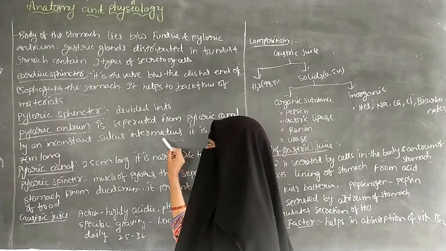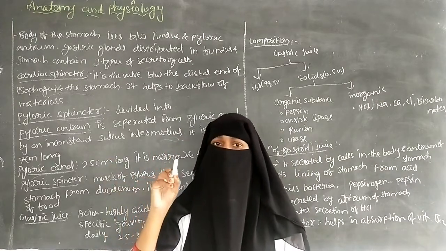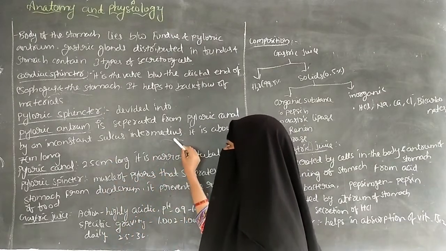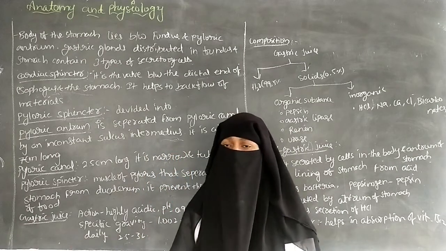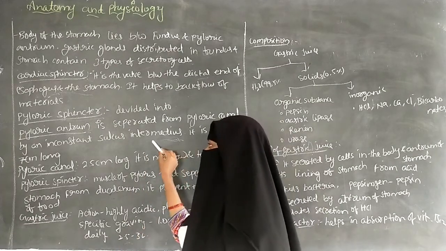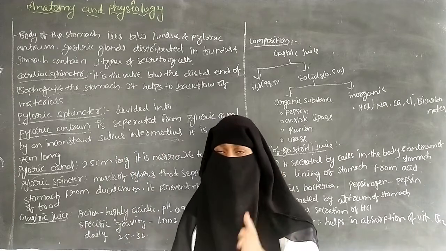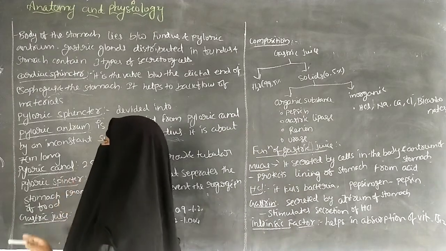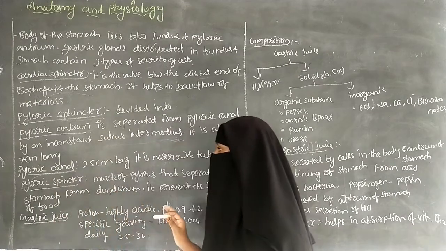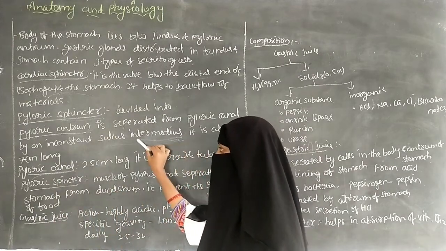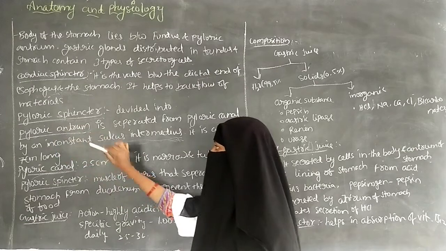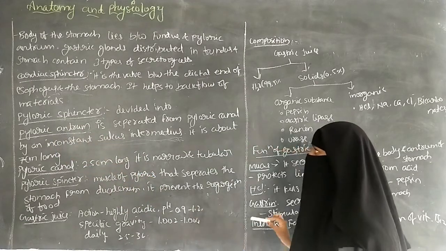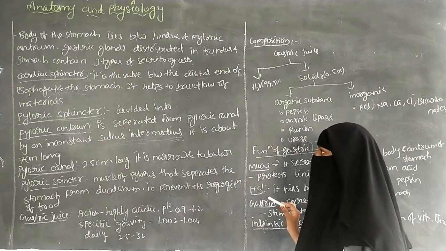The sulcus intermedius is like a fissure that is present at a particular age and disappears after some time. It is mostly present in adults.